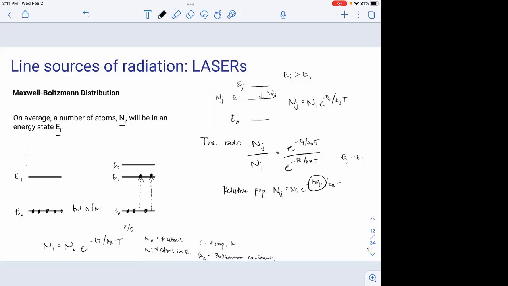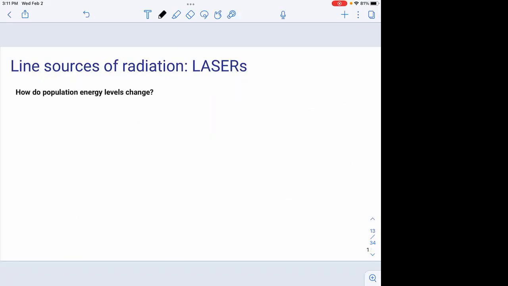You might be saying to yourself, okay, that's fine, but how do those energy levels actually change? How do we move atoms or molecules through those energy levels, cycle them through? So I'm going to draw another picture. Here's my ground energy level. I'm going to give us 4 atoms or molecules here.